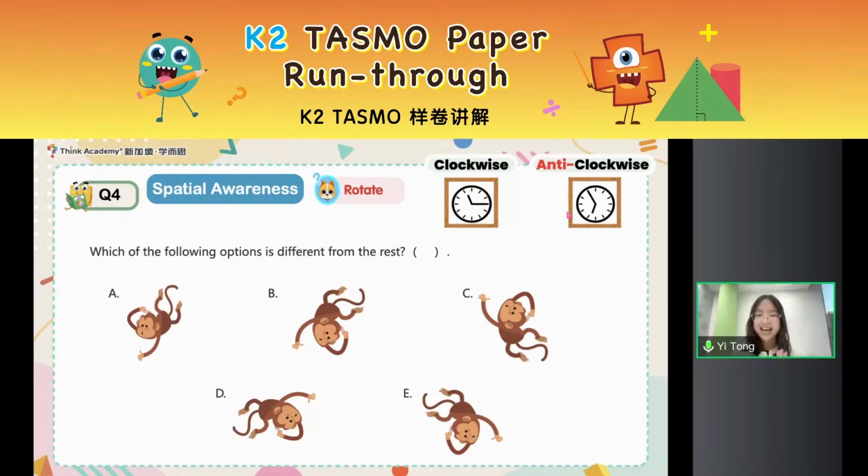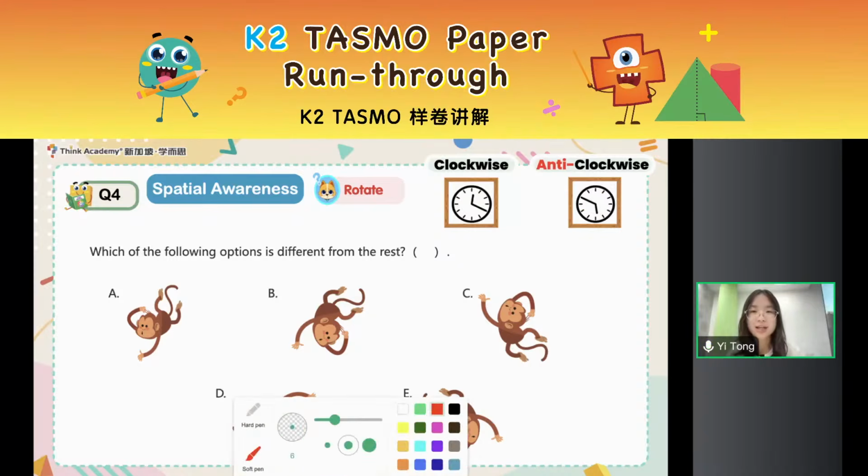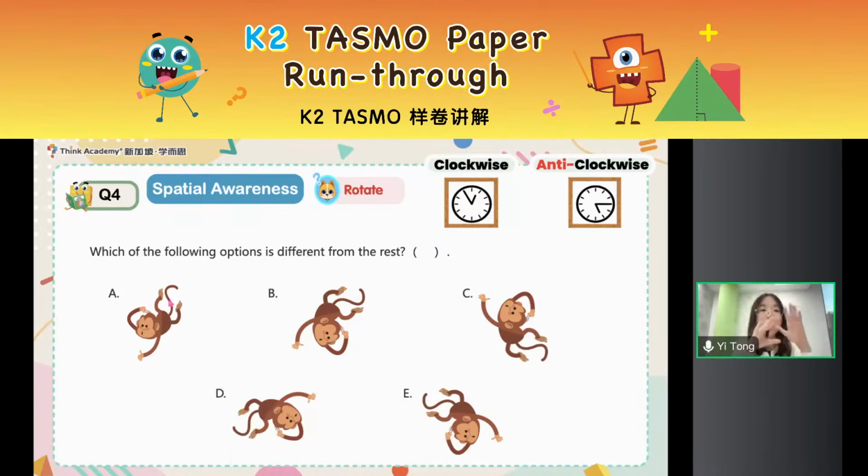All right. Now let's look at the monkeys. How do we rotate the monkeys? We can mark it on our test papers too by looking at a specific body part. So we can look at the tail and we make it long and reach the arm of the monkey.